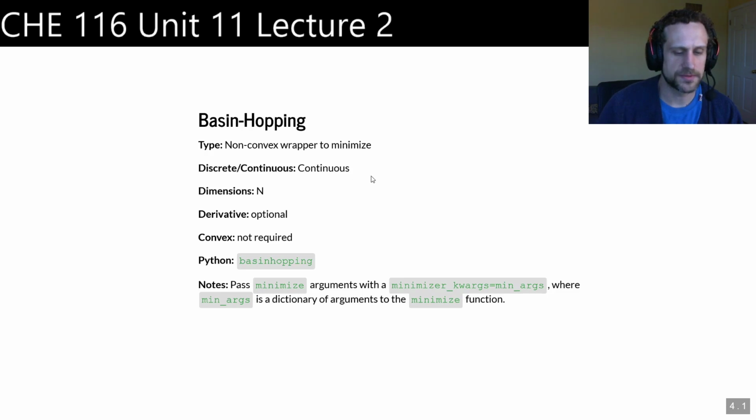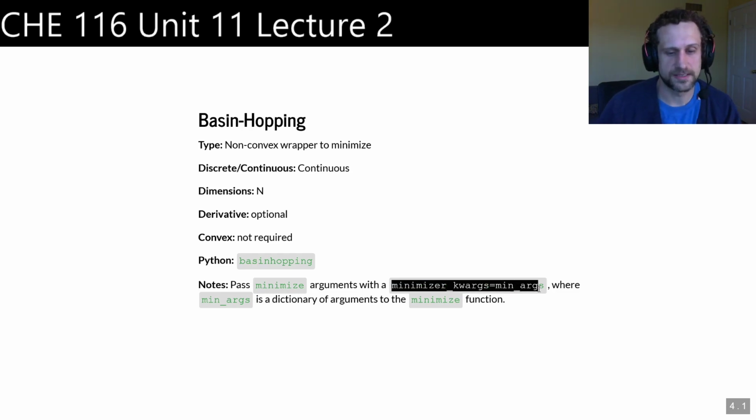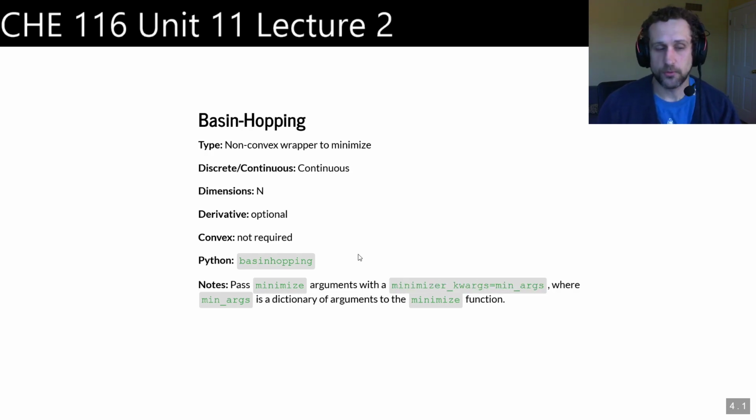One thing about it, we'll see this in more detail later on, is that basin hopping calls minimize for you on a bunch of different spots. So if you want to change how it calls minimize, or pass arguments to minimize, which we will see is necessary for constrained and bounded optimization, we pass in a dictionary, and that corresponds to the arguments we want to pass to the minimizer. So are there any questions on basin hopping, the method that we use in the class for non-convex minimization?